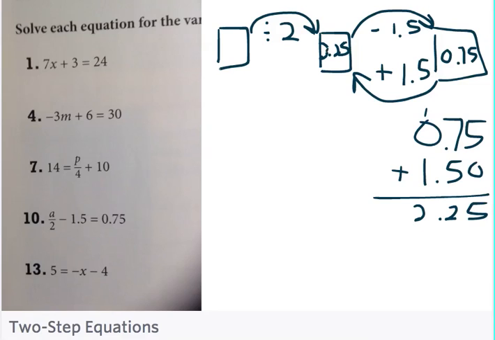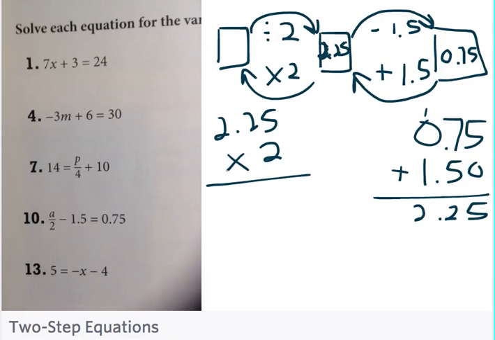And then working backwards, we're going to multiply that by 2. 2 times 2.25 is 4.50. So A is equal to 4.50.